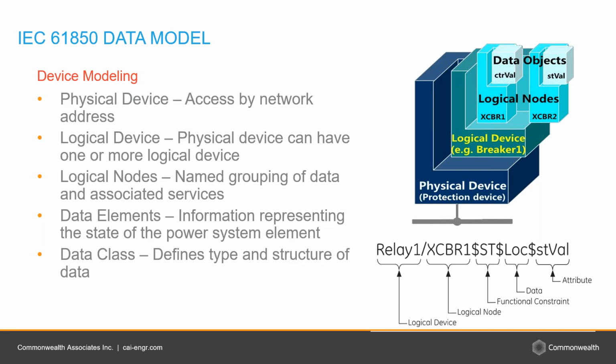The bottom diagram in this slide shows you the data object that comes about by applying this device modeling. And this data object has been mapped to the MMS protocol stack. I will talk more about this data object and what it means in my upcoming slides. Next slide, please.